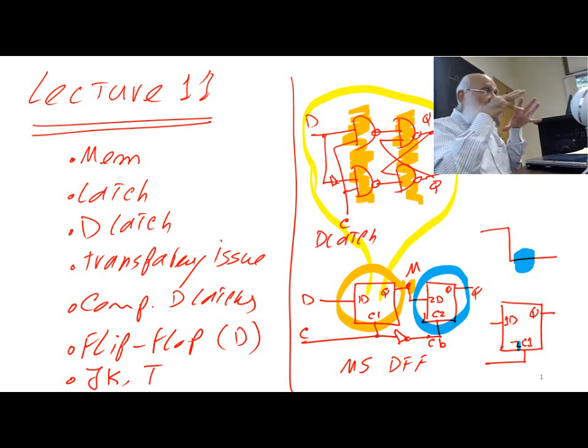If you look at this flip-flop as a black box, what do you see?